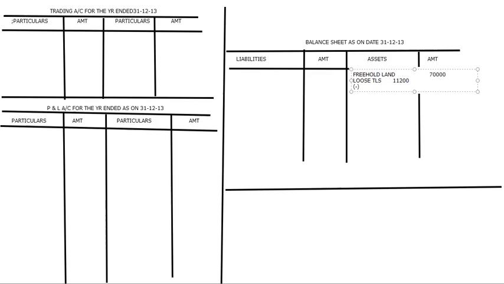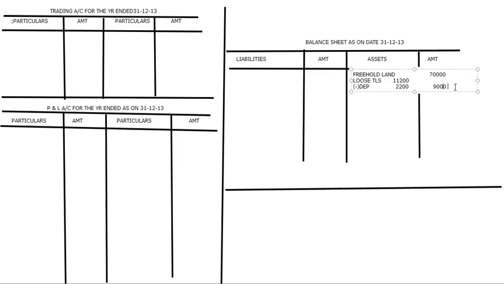So if I do 11,200 minus 9,000, 2,200 has decreased. So we call that value depreciation, 2,200. And in the outer column we are going to post 9,000.